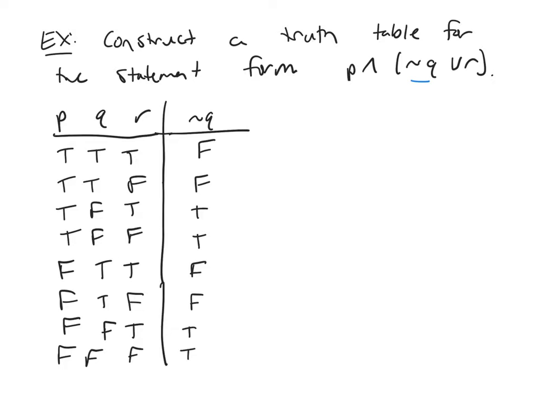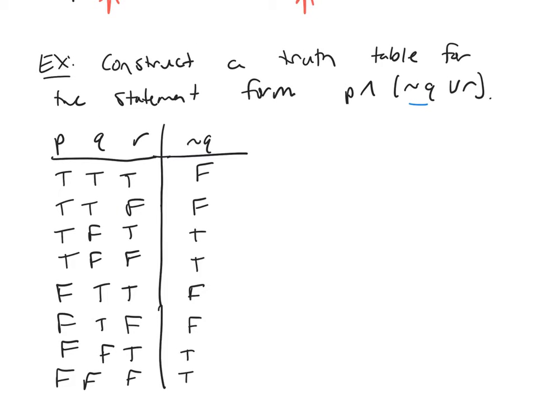And then, going back to my statement, I need not Q or R. So an or, you just need one of them to be true. True, false, true, true. And then this next one would be true, false, true, true.